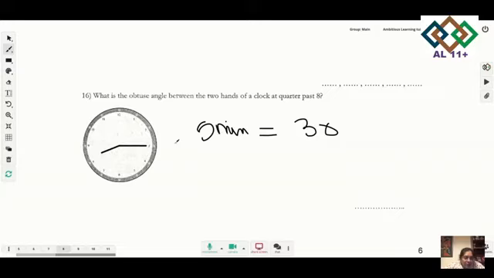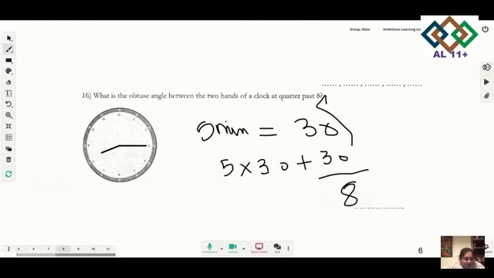Then for the angle, you multiply 5 by 30, and then divide it by 4, because past 8 is given by 4, not 8.